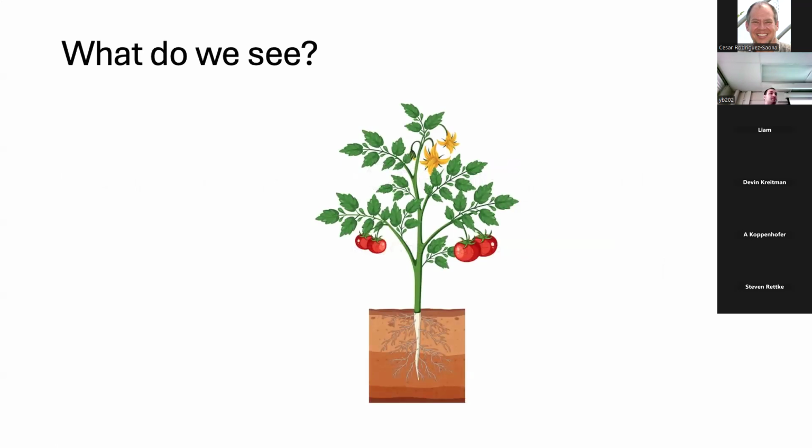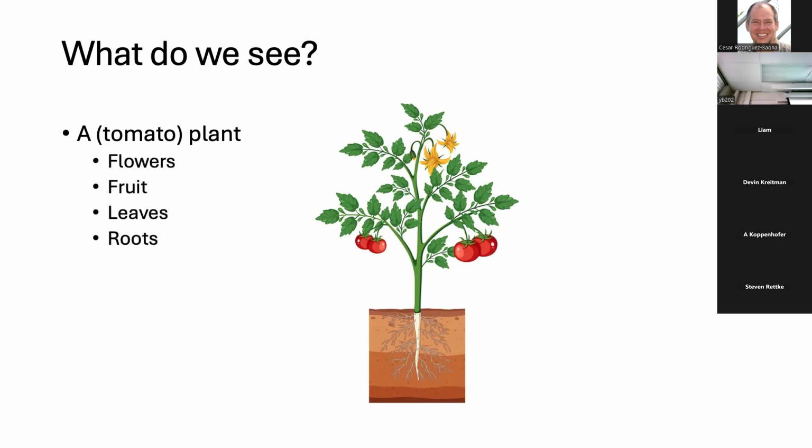What is this? Tomato. It's a tomato. All right, what else do we see? You see roots, okay, and soil. We see roots, we see soil, we see leaves, we see fruit, we see flowers, right? What else? Any other observations?